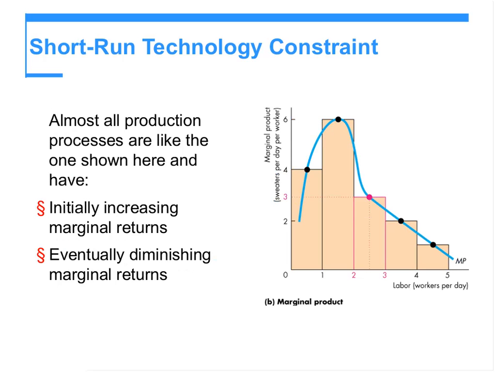So almost all production processes are like the one shown here and have initially increasing marginal return, and eventually diminishing marginal return. As you can see, eventually it goes down. So it means at the beginning, if you increase the labors, you may have an increase in total product and marginal product. But as you keep adding new workers, the marginal product will decrease.